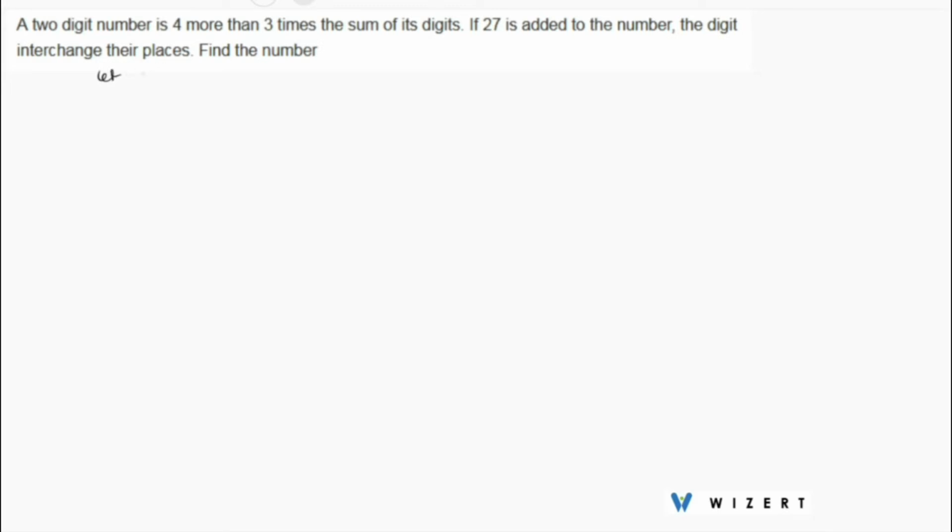Let us assume x is the ones place digit and y is the tens place digit.